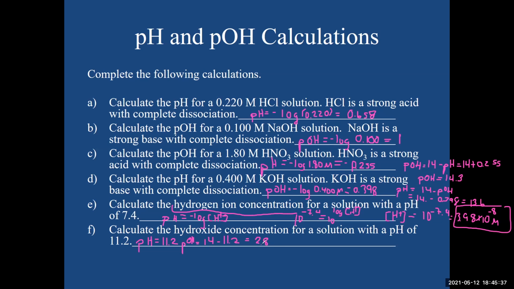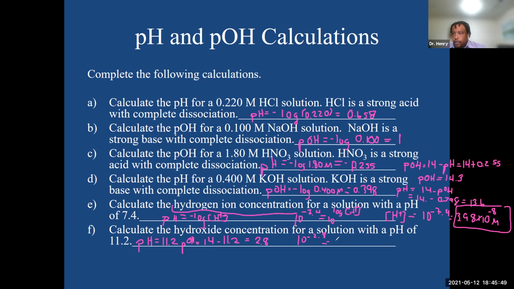And then you would just plug that in the same way as with e. Okay, so we have 10 to the minus 2.8 equals 10 to the log concentration of OH.